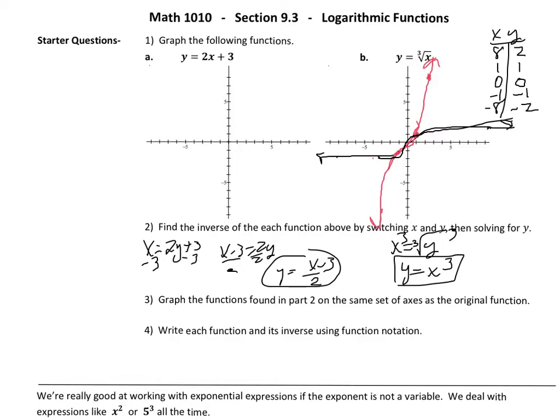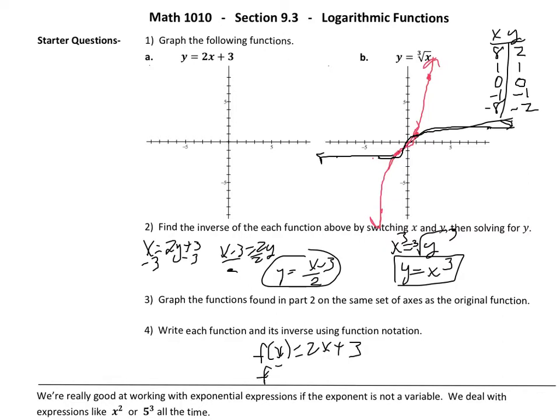Okay. All right, so now using function notation. What's the notation for an inverse function? Remember? F what? So if I have f of x for my function, so if f of x is 2x plus 3, what's the inverse?